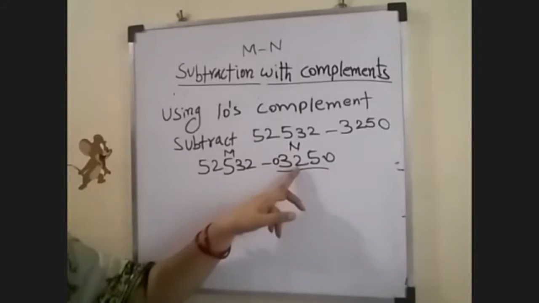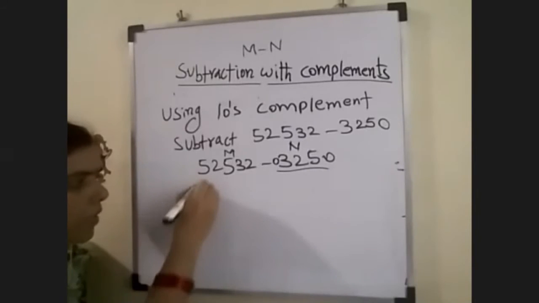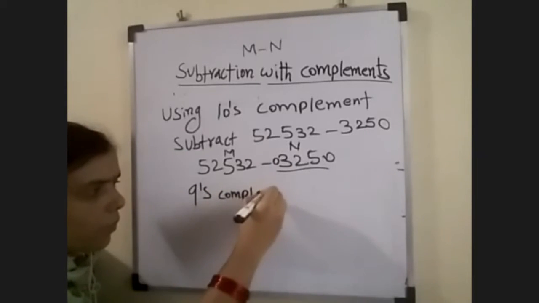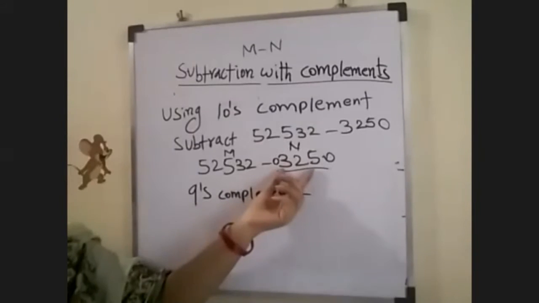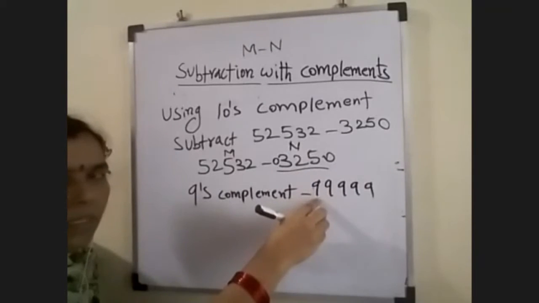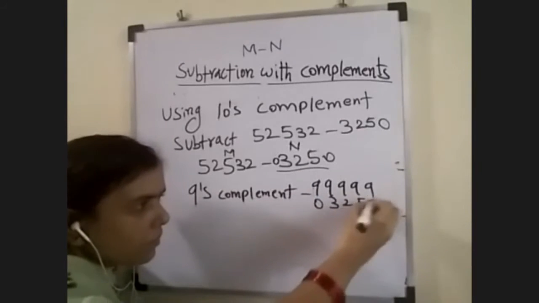What is the tens complement? Nines complement plus 1. So what is the nines complement procedure? Here how many digits are there? 5 digits. You take five 9s and subtract this value from it. That means 99999 minus 03250.